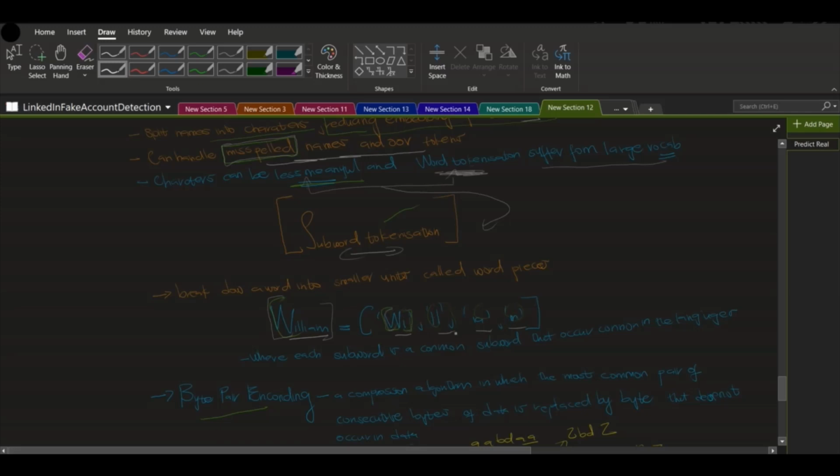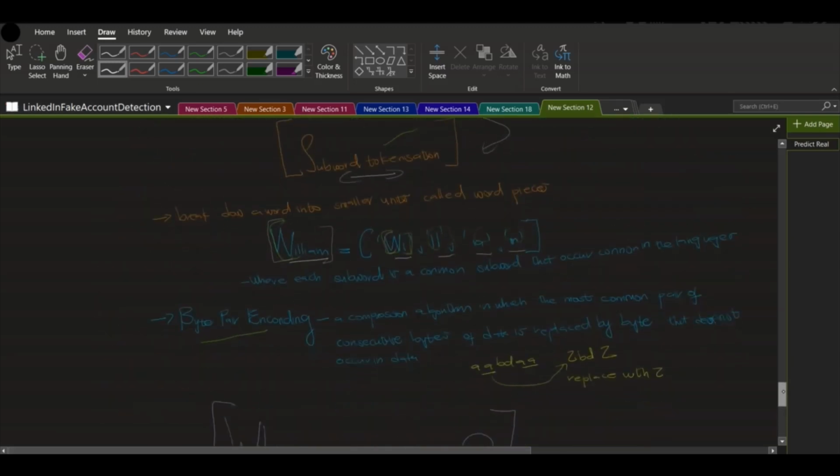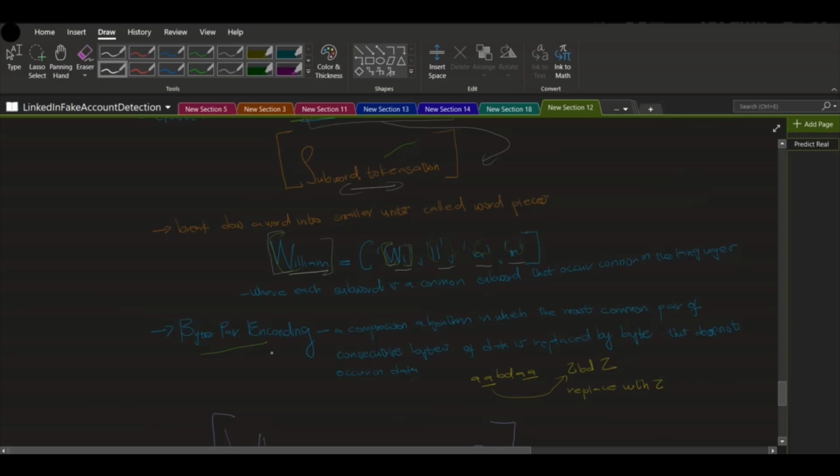Each subtoken is a common subword that occurs commonly in the language. It uses an algorithm called byte pair encoding. Byte pair encoding is just a compression algorithm in which the most common pair of consecutive bytes of the data is replaced by a byte that does not occur in the data.